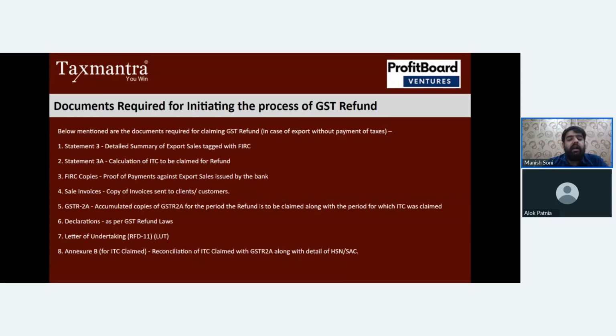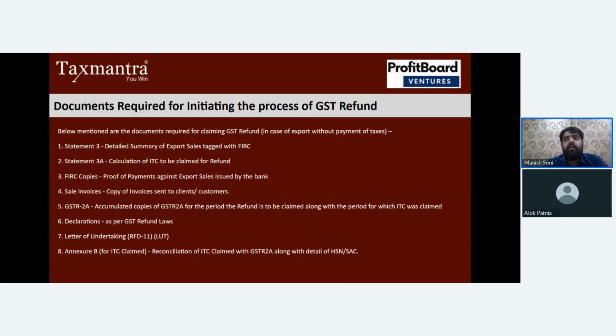In that, you need to tag all the sales along with the relevant FIRCs. What is FIRC? FIRC is basically a certificate given to you by the bank when your customer makes the payment from a foreign country. So whatever transactions are happening between you and the service receiver in terms of services, the only proof that you can provide that you are actually exporting services is FIRC.